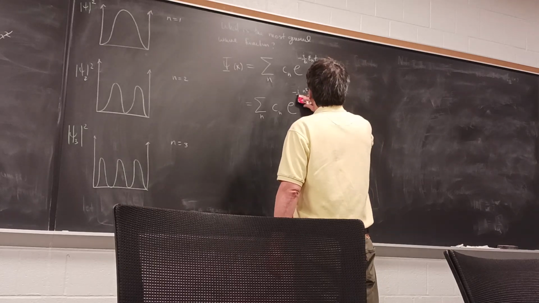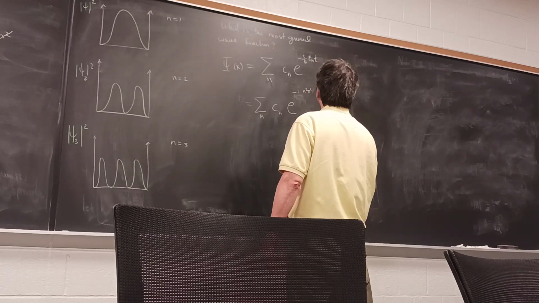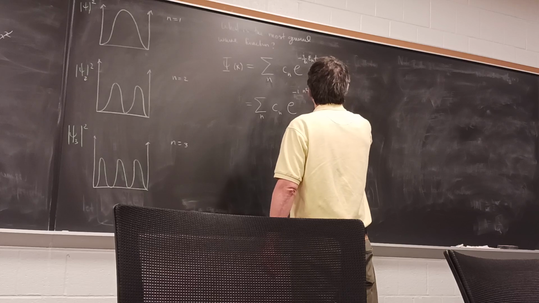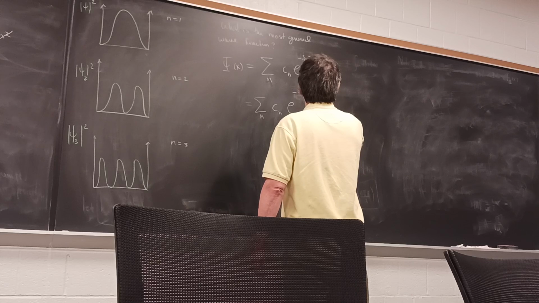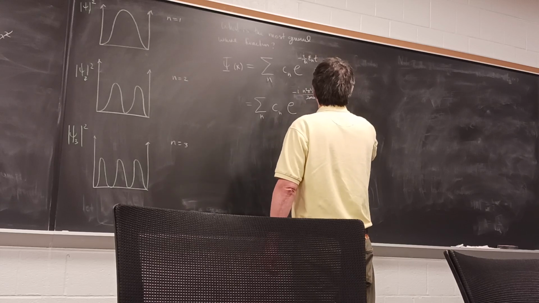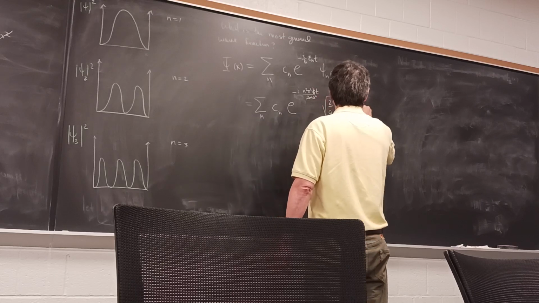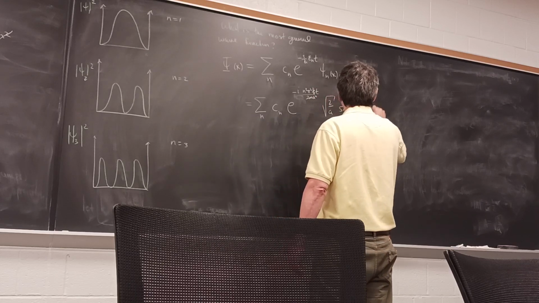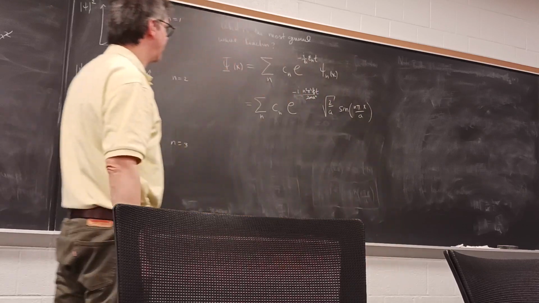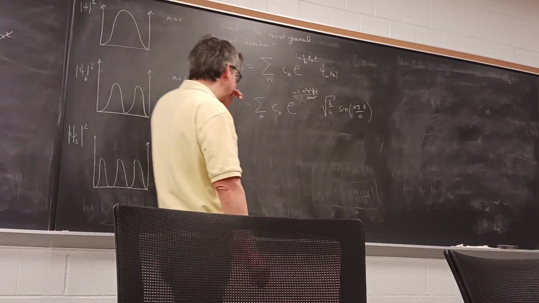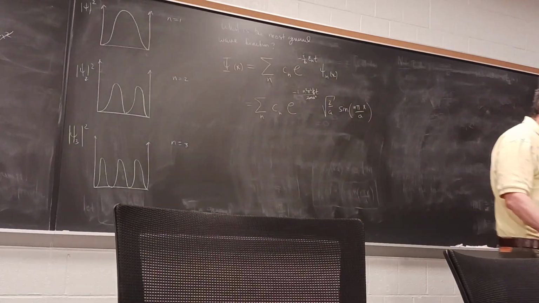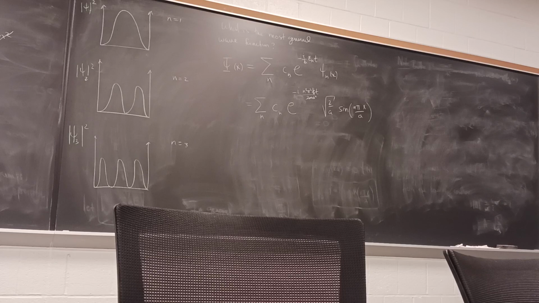So it would be one h bar upstairs over 2m a squared, times the square root of 2 over a times the sine of n pi x over a. Okay, so that would be a general wave function. Are there any questions about it so far?